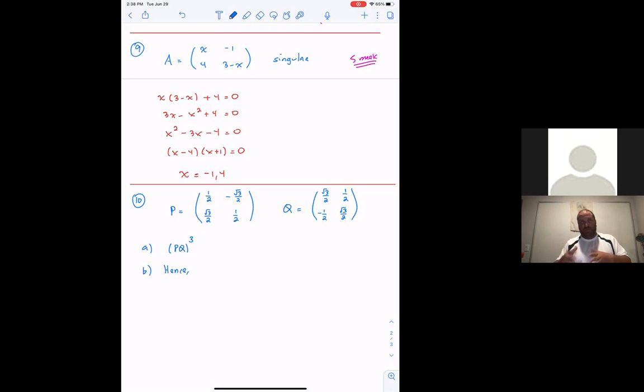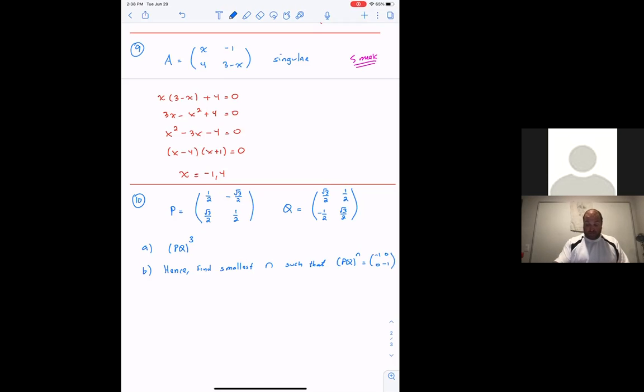But either way, it says find the smallest value of n such that PQ to the nth power is the matrix negative 1, 0, 0, negative 1.